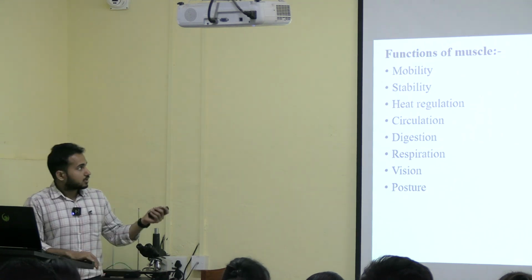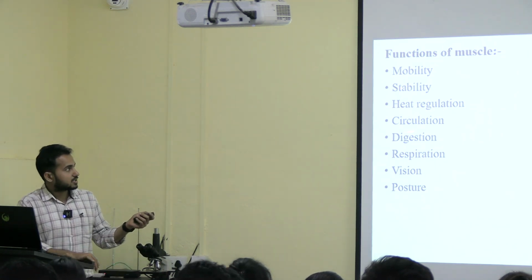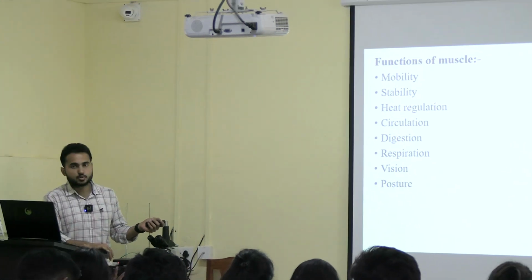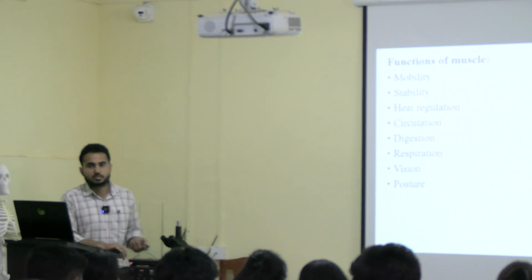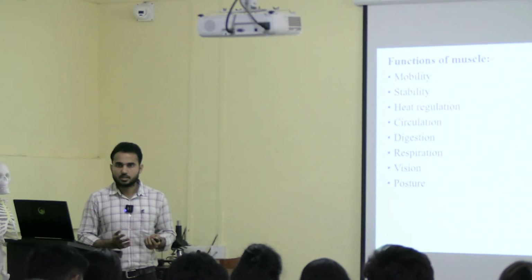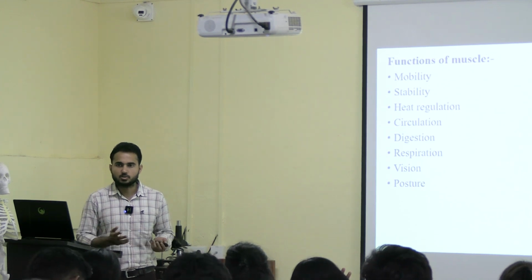Then stability, heat regulation, circulation, digestion, respiration, vision, maintaining the posture. These are some important functions of the muscle. I am talking about muscle as a whole, not about one particular muscle.